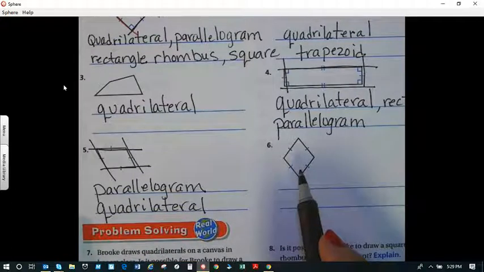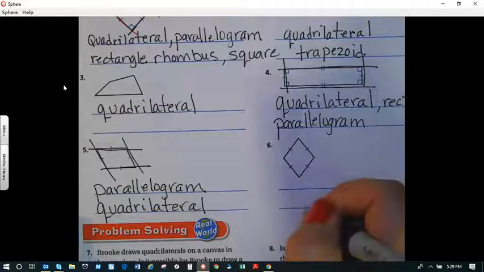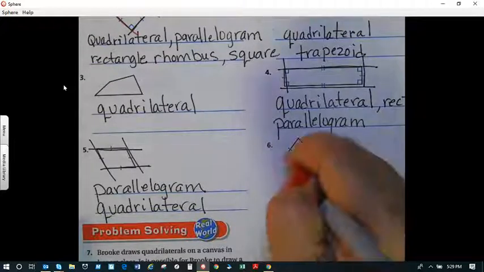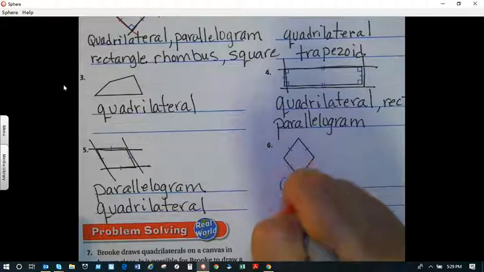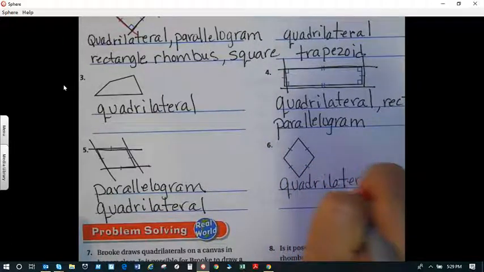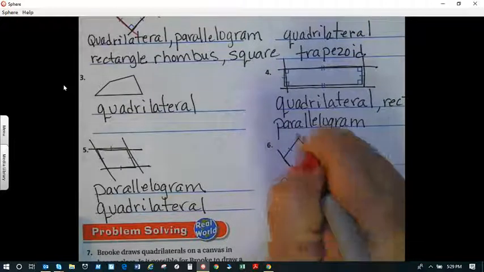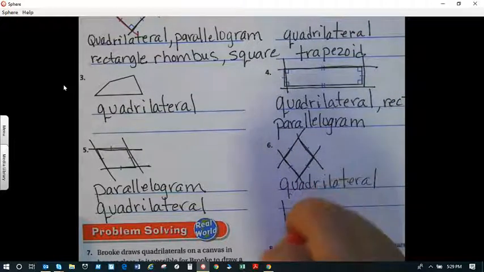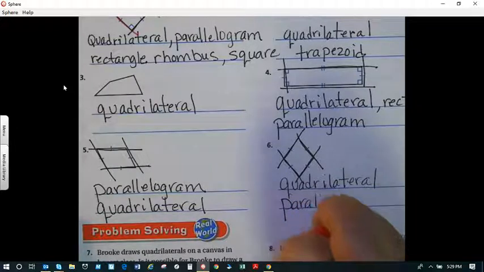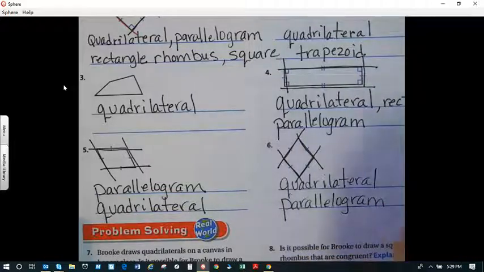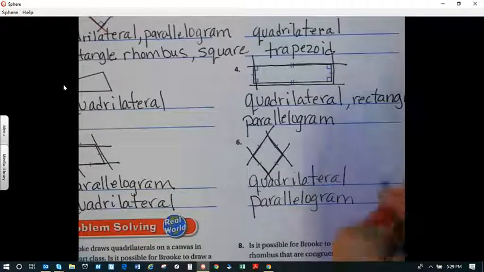Looking at this one right here, this is a quadrilateral. It has 4 sides. It has 2 sets of parallel lines, which makes it a parallelogram. And this also is a rhombus.